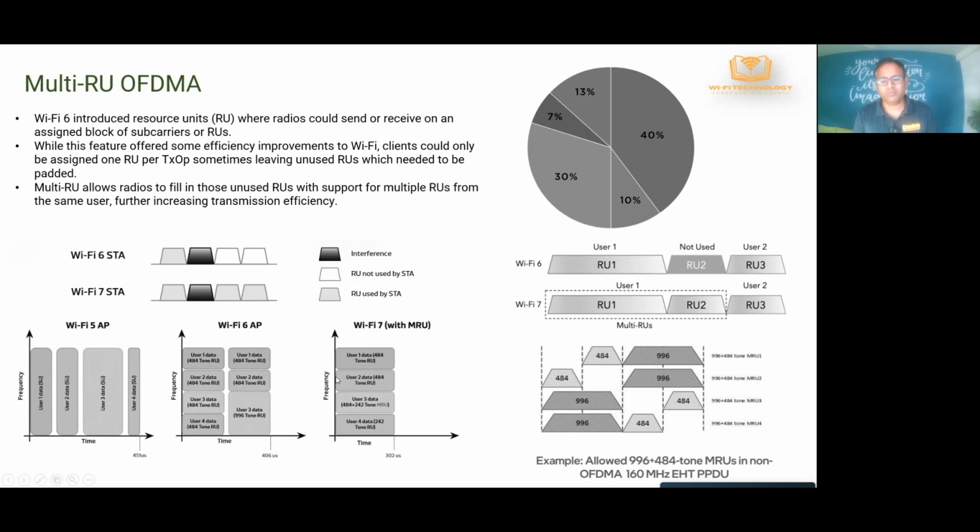But in the case of multi-RU, user 1 or user 3, for example, gets a 484-tone RU plus another 242-tone RU. So they're getting multiple RUs, and this again helps in more efficient use of the spectrum that is available. Of course, it increases the complexity a lot when it comes to implementation, but it can certainly provide better efficiency.